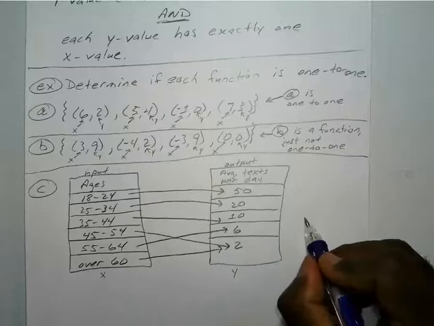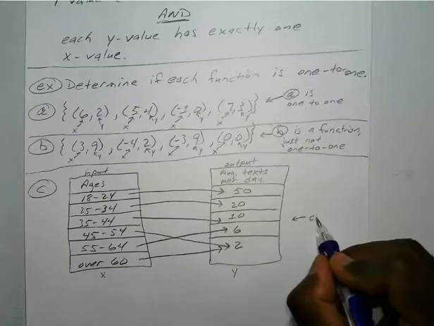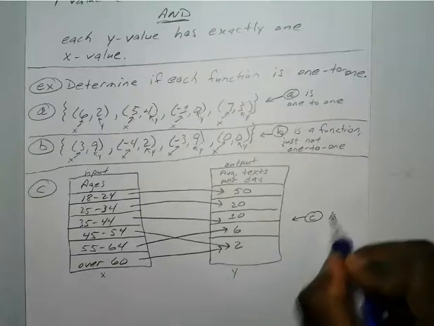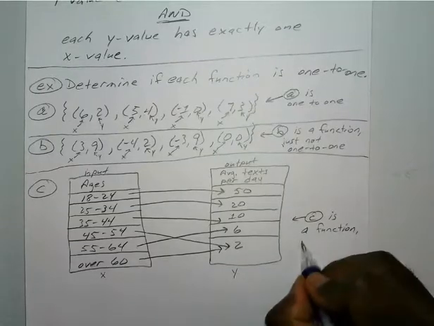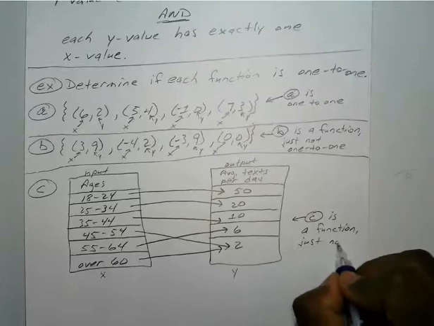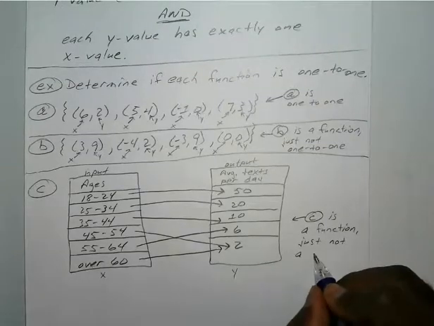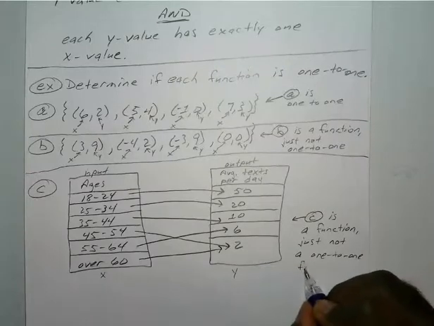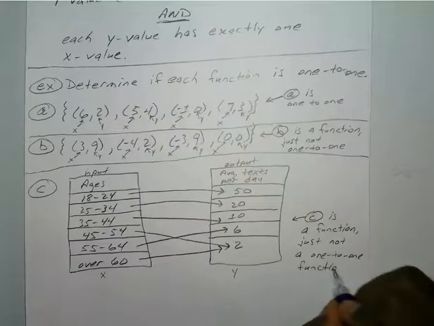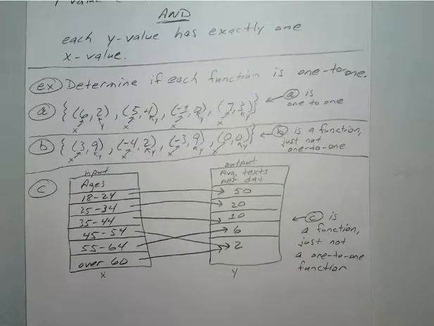Okay? So C is a function, just not a one-to-one function. Okay, so there is a difference between being a function and being a one-to-one function.